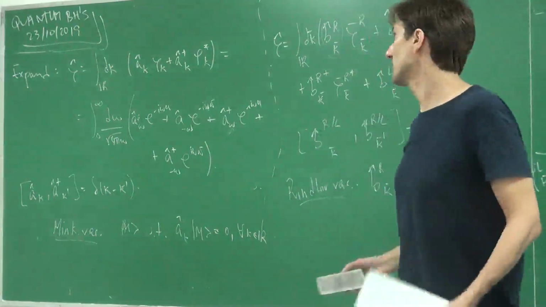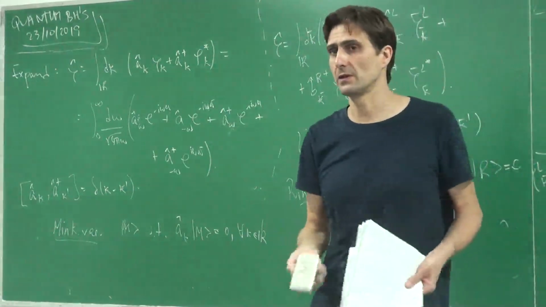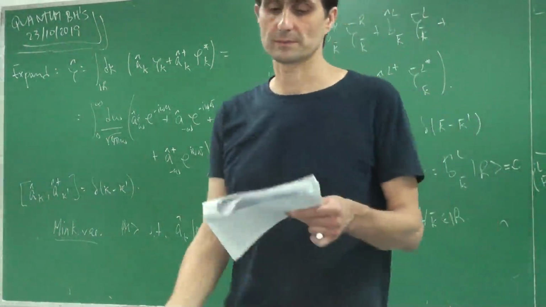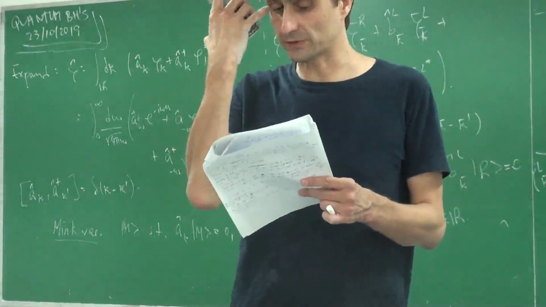Because those coefficients are the beta Bogoliubov coefficients that we saw, that's what gives rise to quantum particles in one state with respect to the other state.